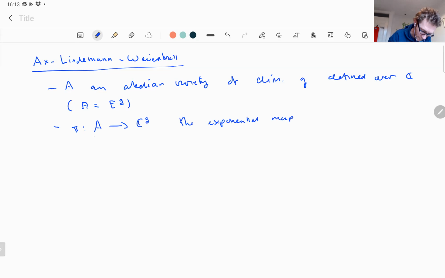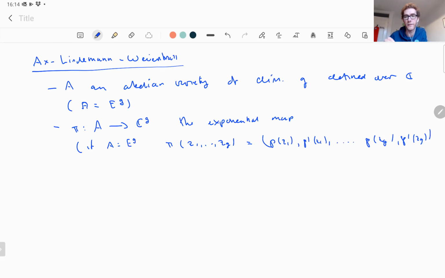Now, if A is E to the g, then pi is given, well, I'll just give its affine part. It's given by p of z1, p prime of z1, up to p of zg, p prime of zg, where p is the Weierstrass p function we saw last time.